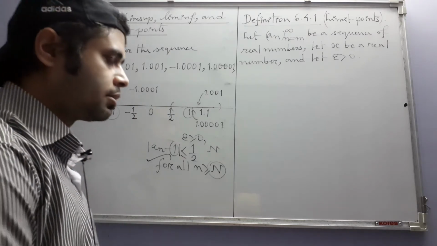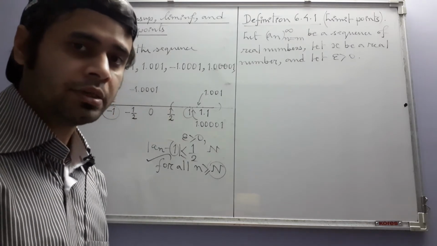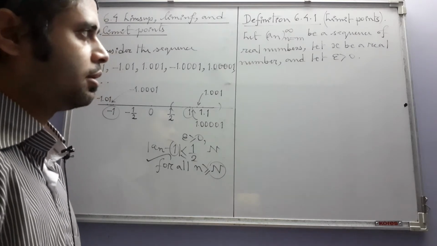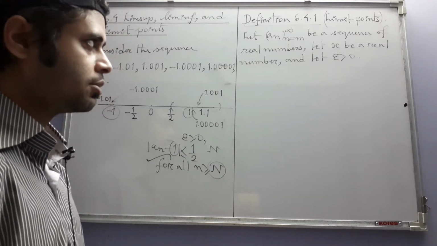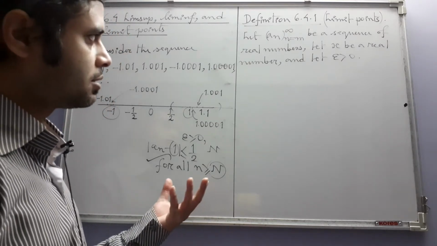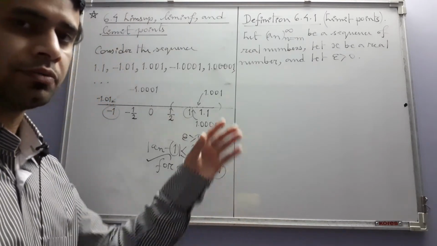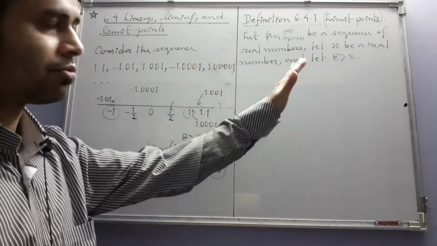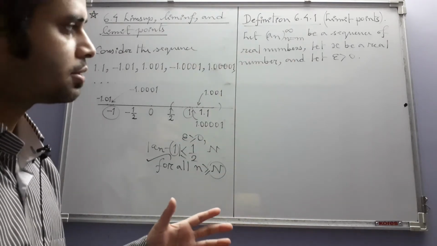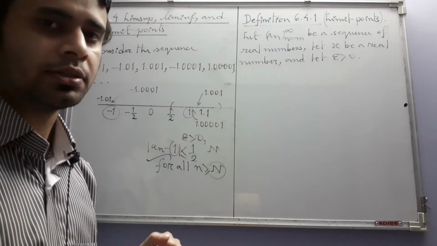Okay, just like the definition of the limit of a convergent sequence and also the definition of a Cauchy sequence, without giving the entire condition of the definition of a limit point of a sequence at once, we will give it in parts.